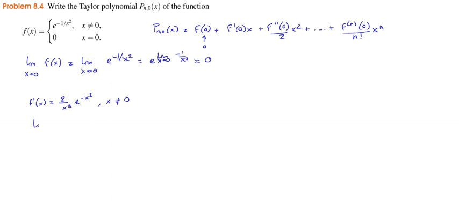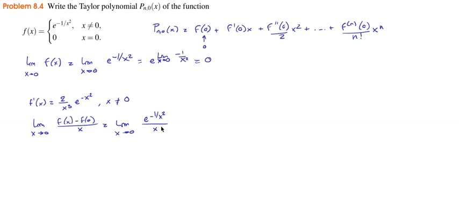If x is equal to 0, we can compute the derivative using the definition, right? So we have the limit of f minus f at 0 divided by x. Okay, f at 0 is 0, so this is the limit of e to the minus 1 over x squared divided by x, and this is going to be 0 over 0, right?